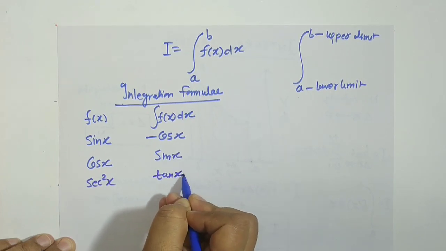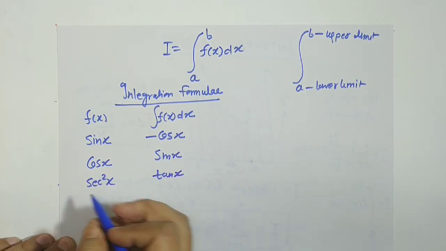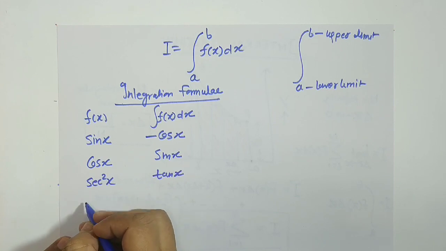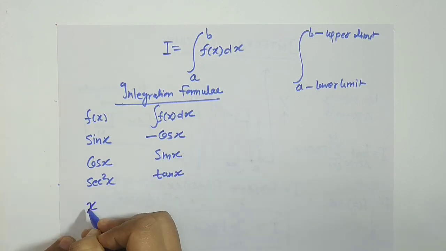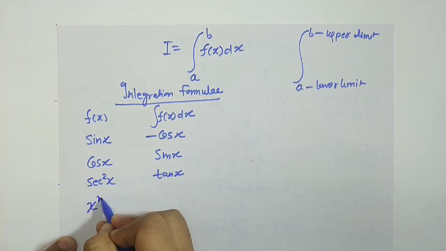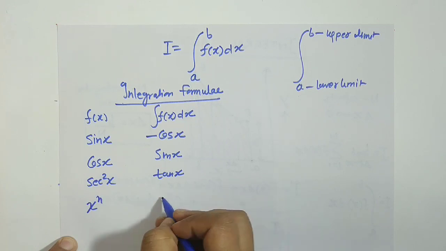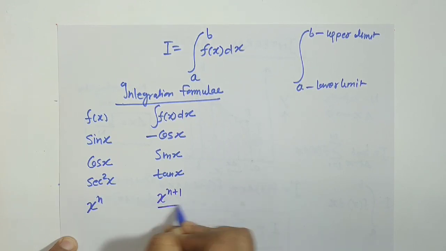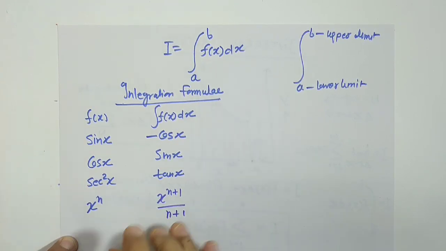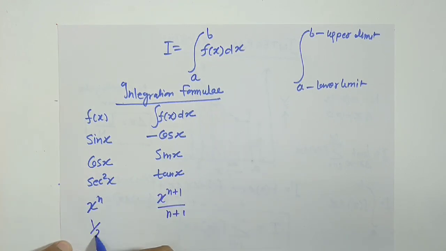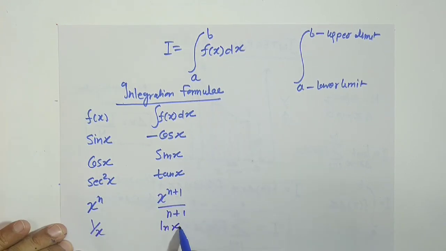Then sec square x integrates to tan x. Are you getting it? Then we have the main function, x^n. For x^n it is very interesting: x^(n+1) upon n+1. This will mostly be used. For 1 by x, it is log x.